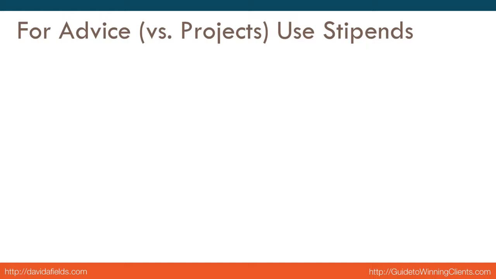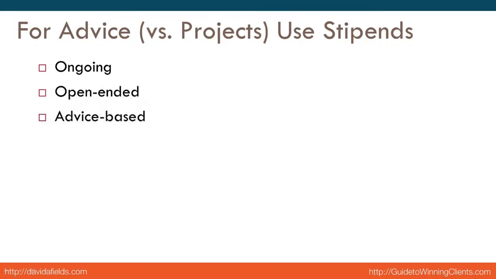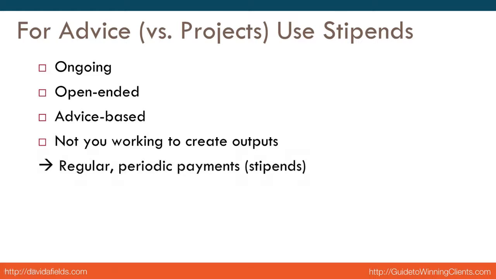That means if your offering is ongoing, open-ended advice, and you're not working to create output or deliverables, then your fee structure should be regular periodic payments. For instance, $30,000 every quarter, or $8,000 a month, or something like that.